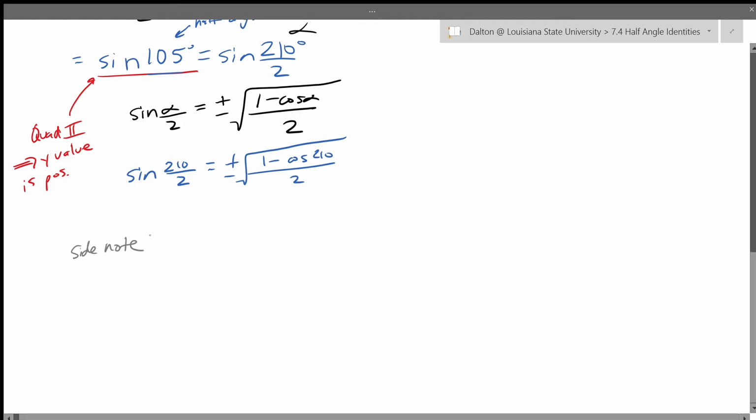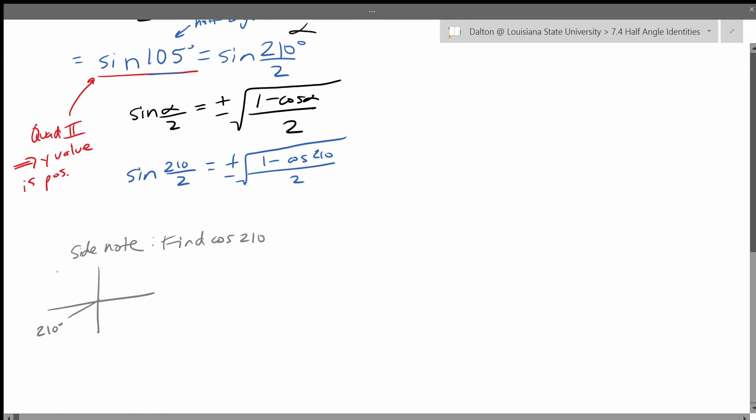If I'm trying to find the cosine of 210, first of all, we have to note, where is 210? Well, 210 has got to be somewhere in this third quadrant. Okay, so if I want to know its coordinate points, I've got to figure out its reference angle.